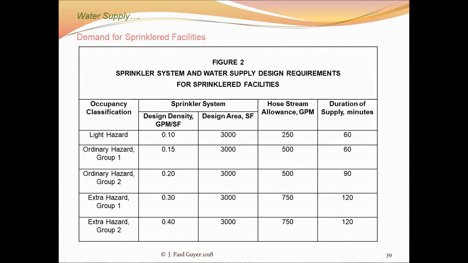of fire area. So for a light hazard occupancy, run-of-the-mill office occupancy, 0.1 gallons per minute per square foot of fire area is the quantity of water that you need to deliver to a fire that breaks out in that area. Now, what is the design area? This is an assumption that you are making of what the area is of the fire.